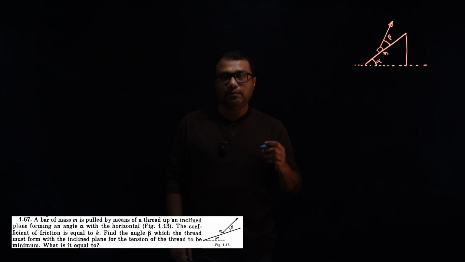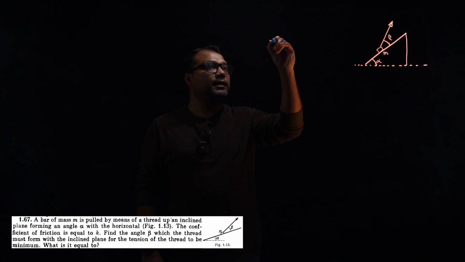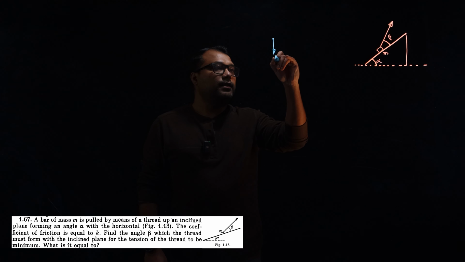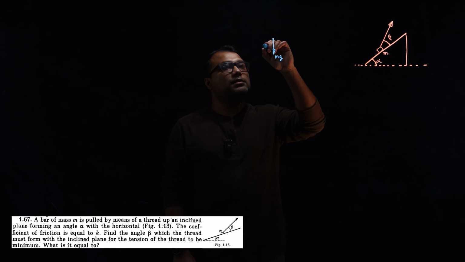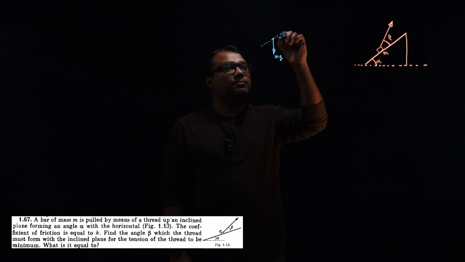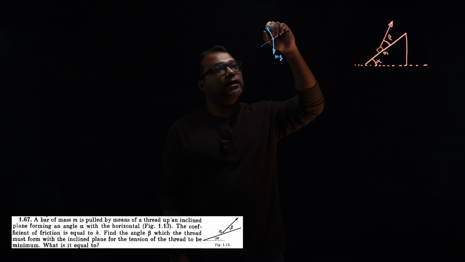We'll start with the free body diagram of the mass m. So mg is acting downwards like this. This is, let's say, the surface of the plane. Normal reaction is perpendicular to the plane.